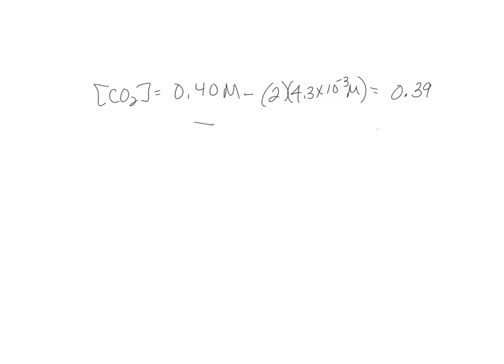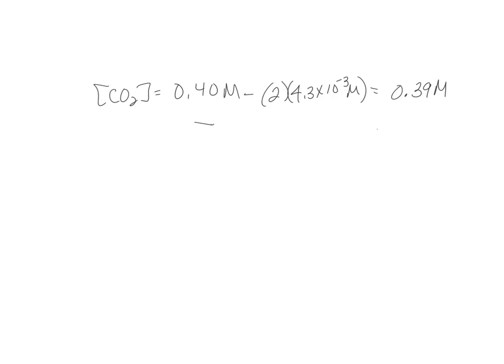For carbon dioxide, you're going to have 0.40 molar, and you take off 2 times 4.3 times 10 to the negative third molar, and that gives you a final concentration of 0.39 molar.